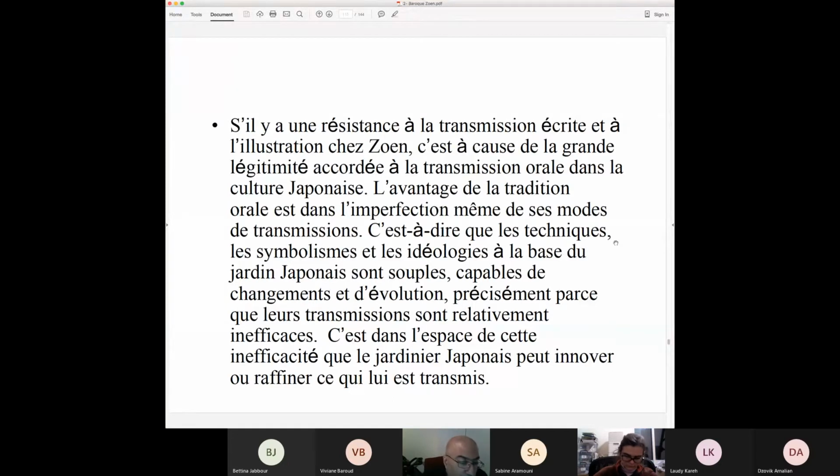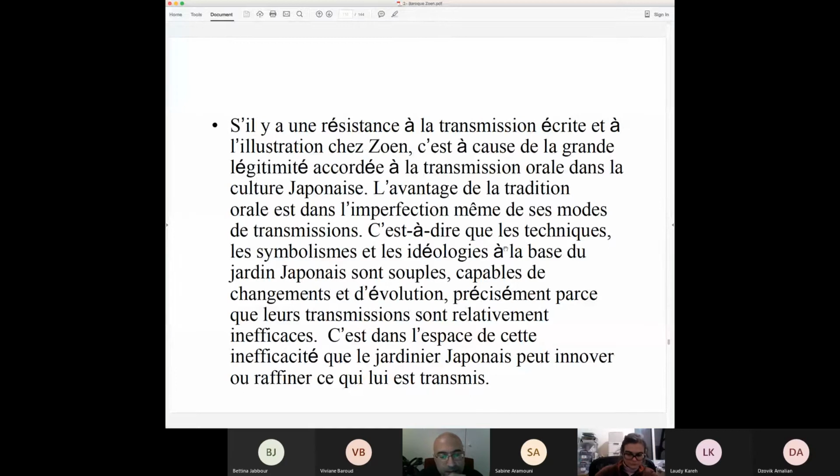And so precisely because this transmission is relatively inefficient, it is able to change and adapt organically.